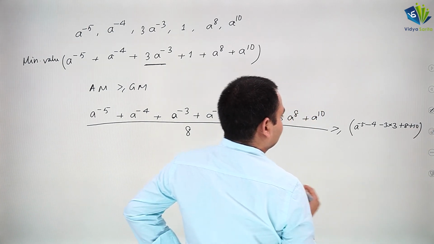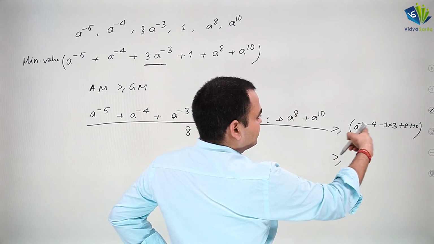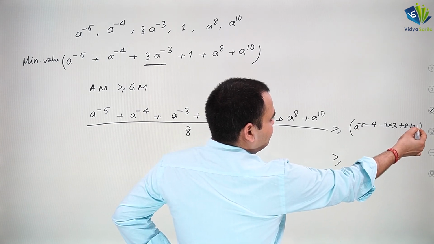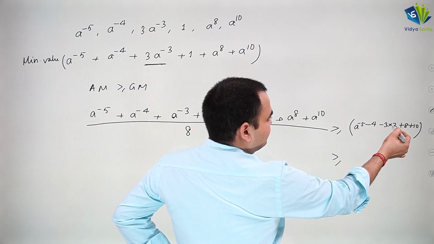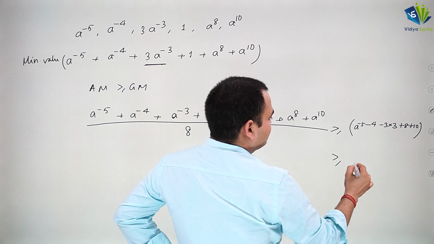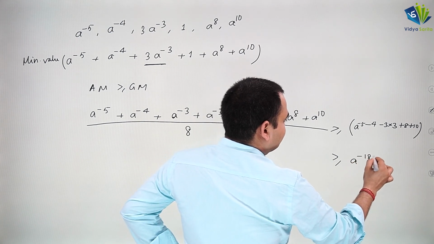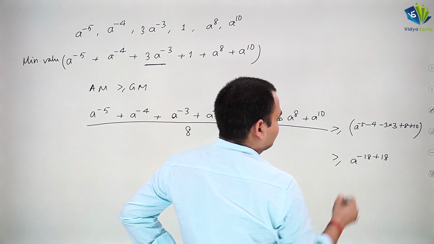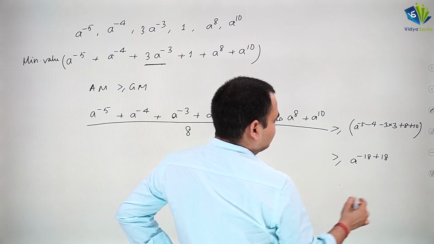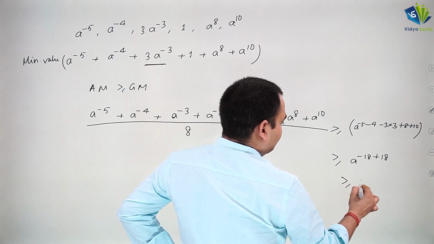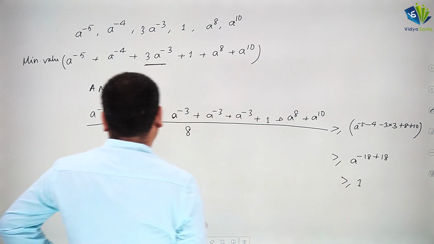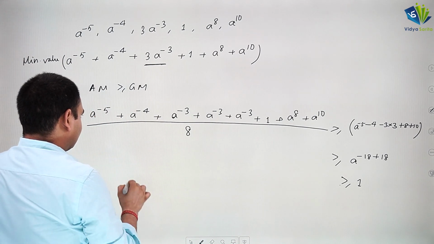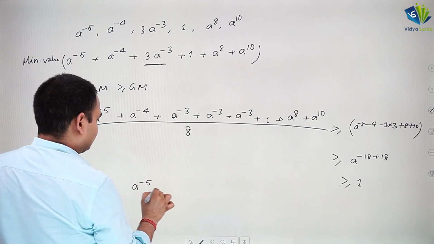So 10 plus 8 is 18, and here also 18. So a to the power minus 18 plus 18 means a to the power 0, so you are going to get 1.